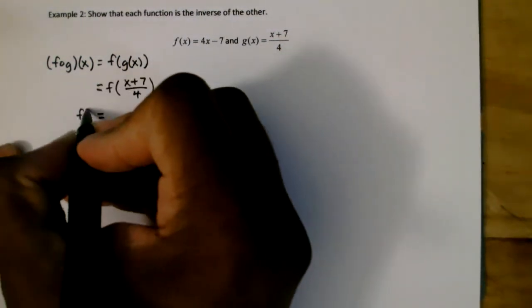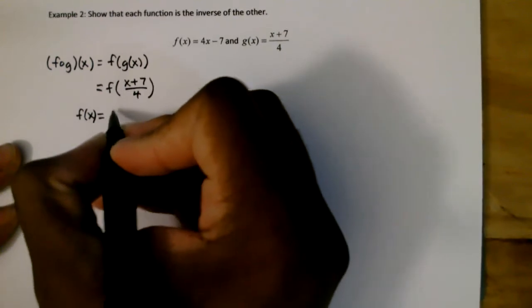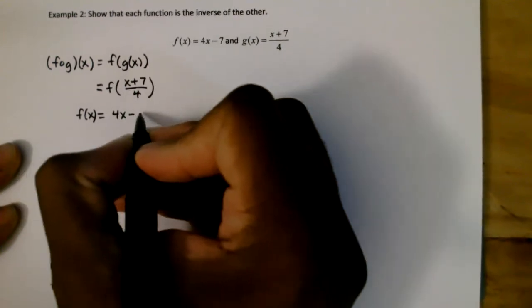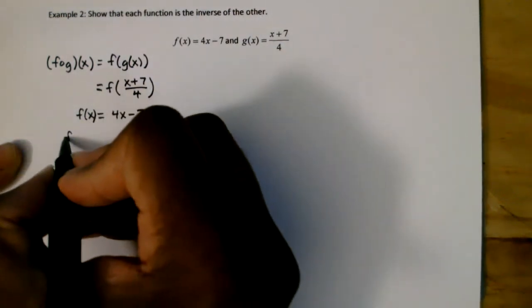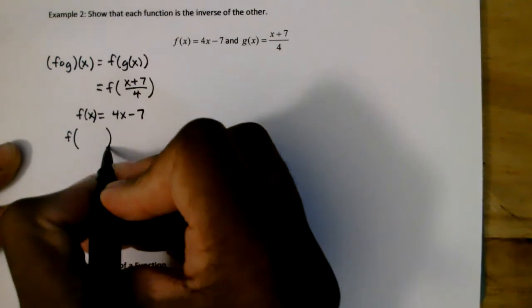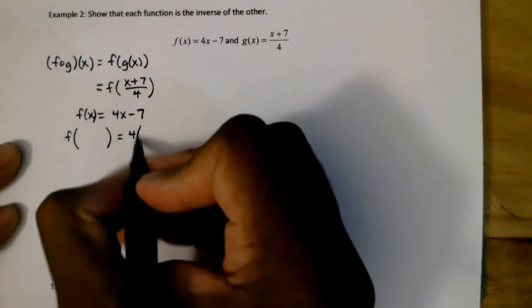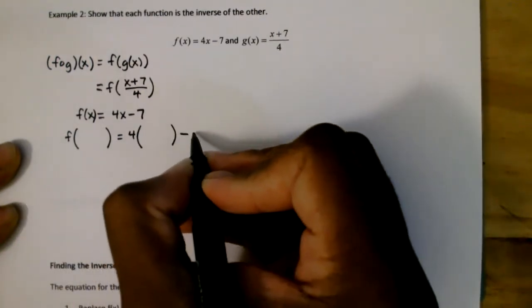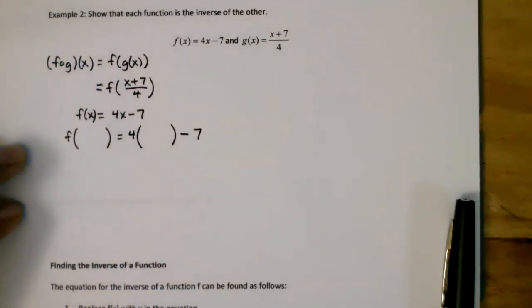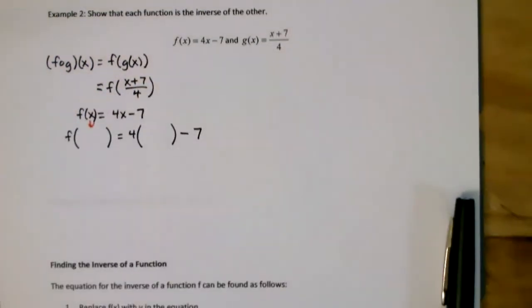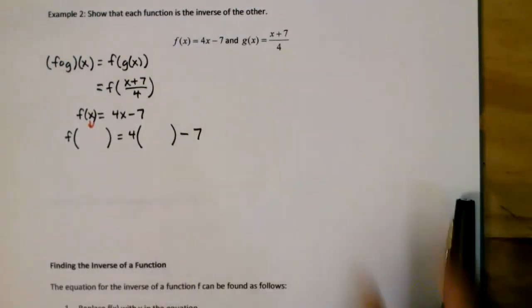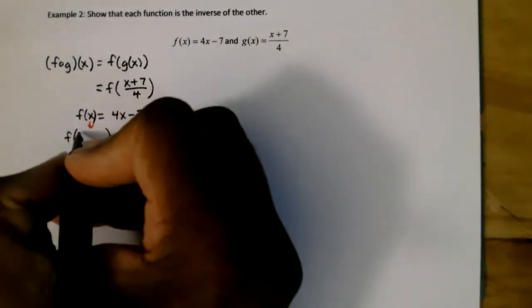Well, in this case, f of x is equal to 4x minus 7. For each x in f of x, I'm going to substitute it with what g of x is, which is x plus 7 over 4.